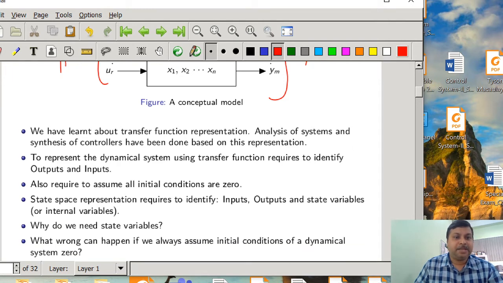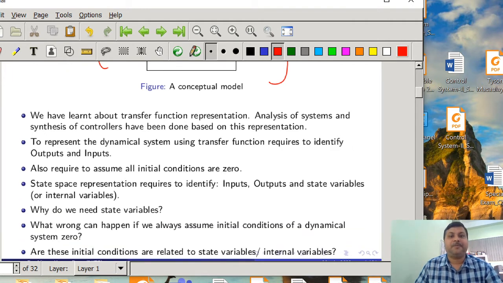To represent a dynamical system using a transfer function requires identifying outputs and inputs. When I give you a system and ask you to find the transfer function, you will ask what the input to the system is, then what the output of the system is.